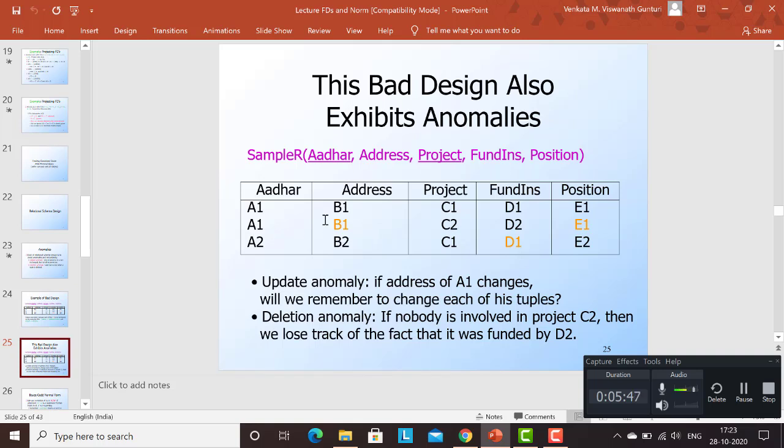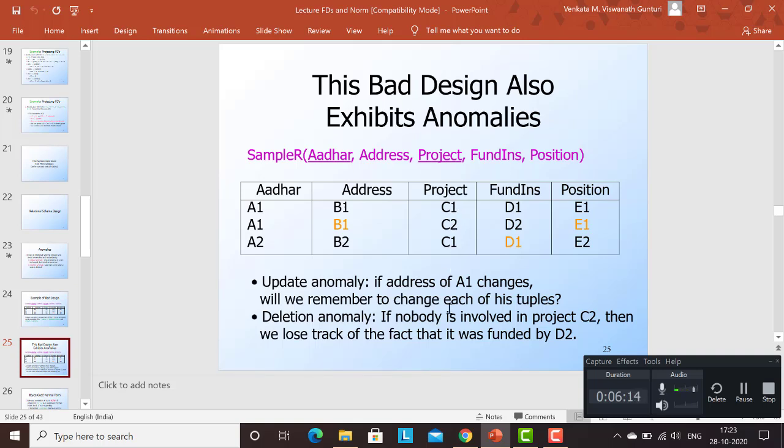If you were enforcing your database just to store this table, then you would have to delete this tuple. When you delete this tuple, if there are other faculty working on C2, then it's fine.